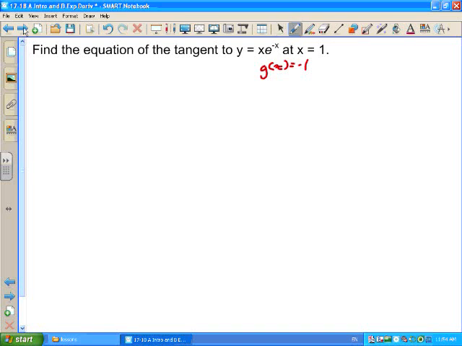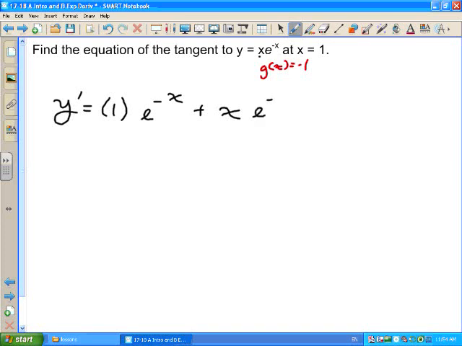So let's get our derivative here. y prime is going to be the derivative of this, which is just 1, times our second function, plus x times the derivative of e to the minus x.